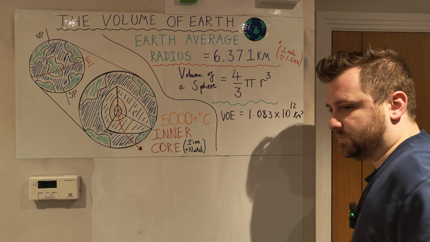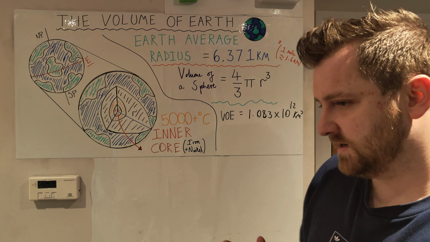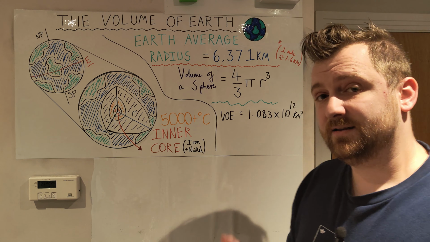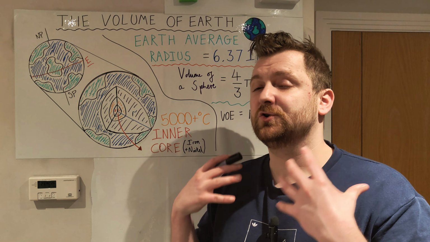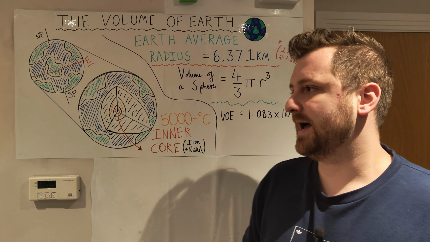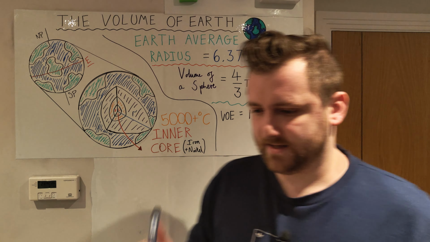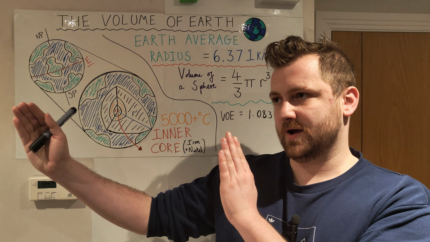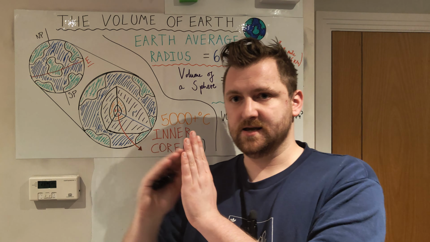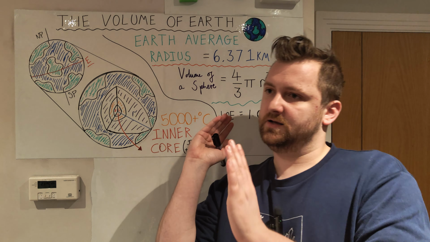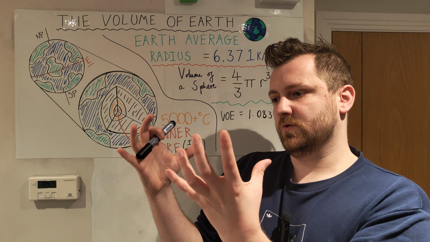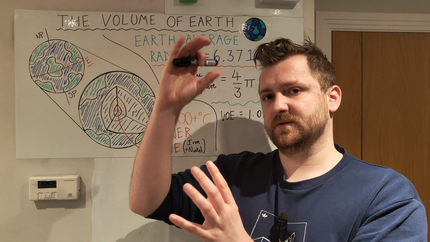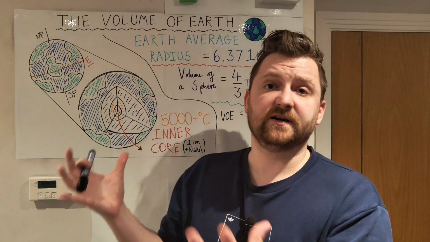But 10 to the power of 12, so if you can imagine a million is 6 zeros. So a billion is 9 zeros, and then a trillion is 12. So let's say you had a kilometer. So let's say you went a kilometer one way, so like this way, you went a kilometer up and a kilometer this way. So you're effectively making a cube that is a kilometer by a kilometer by a kilometer, a cube like a 3D square.